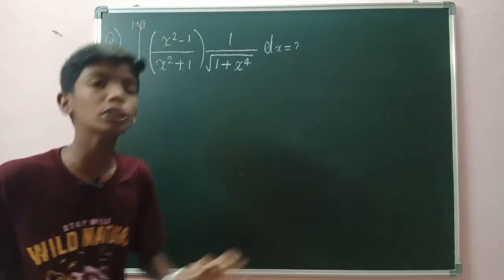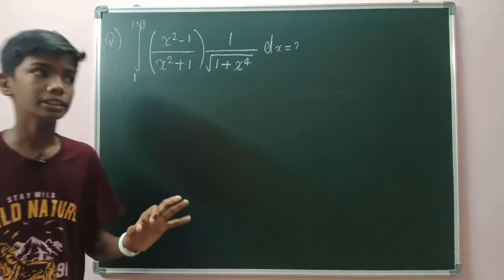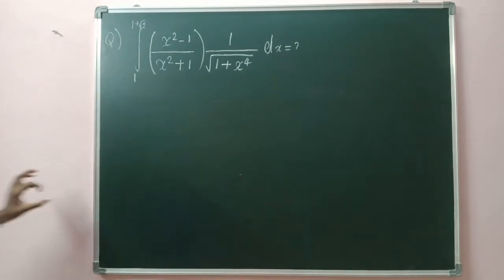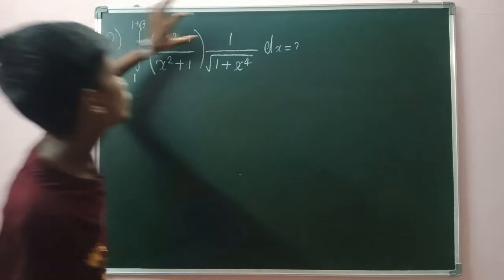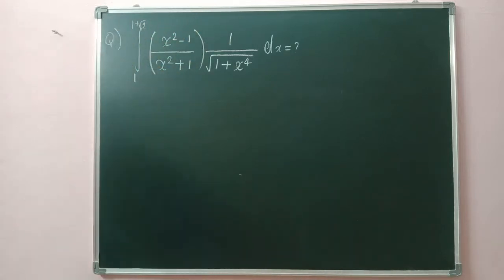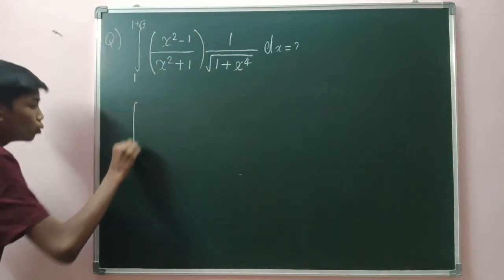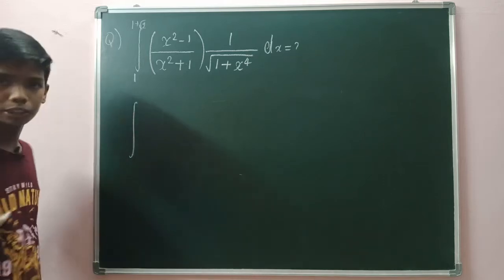But before using a substitution, I'm going to do one manipulation. The manipulation is that I'm going to divide x square on both numerator and denominator. That's the first step before using the substitution.